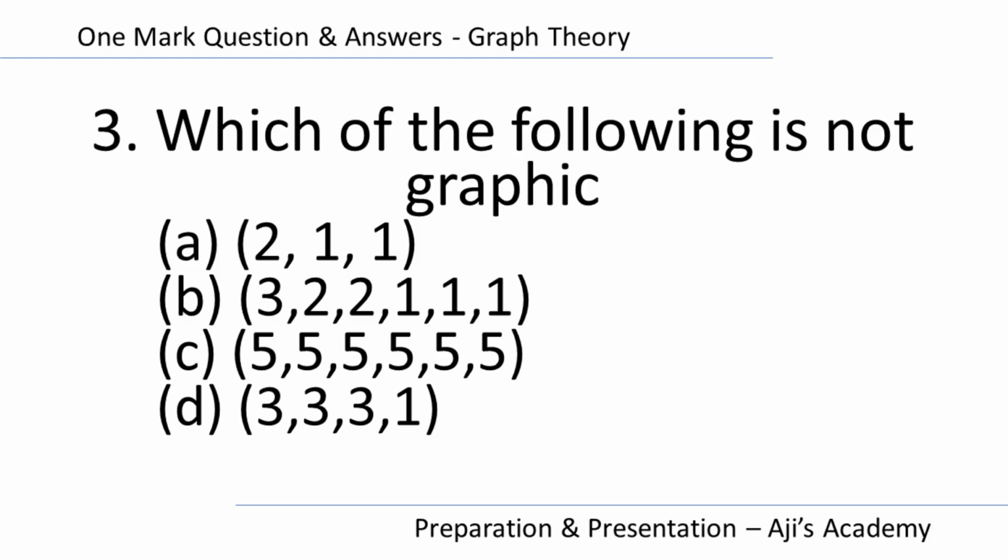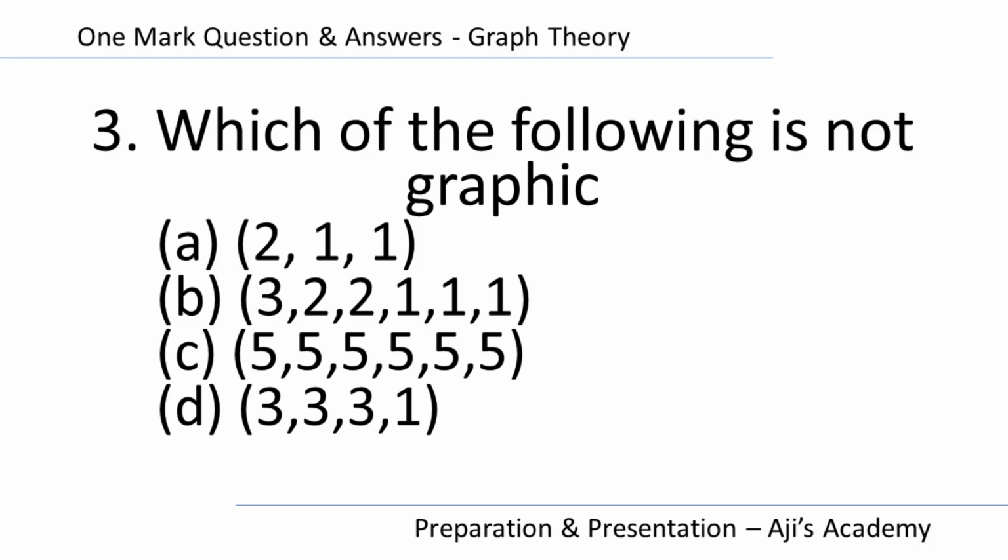So here option A is 2, 1, 1. That means the graph whose number of vertices is 3, with the first vertex of degree 2, the second vertex of degree 1 and the third vertex of degree 1. We can draw 3 vertices with these degrees. So this is graphic.